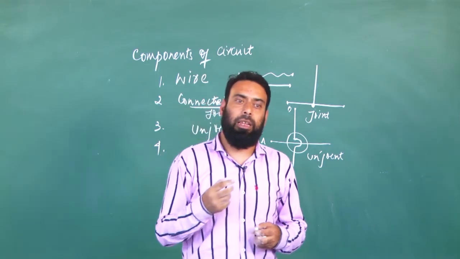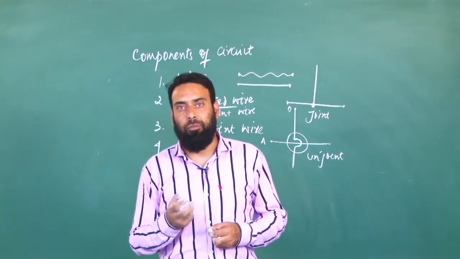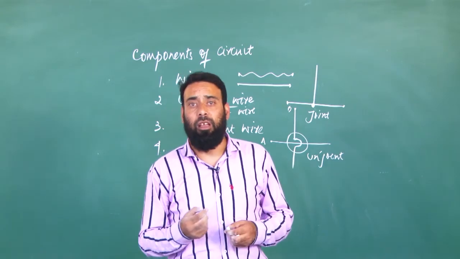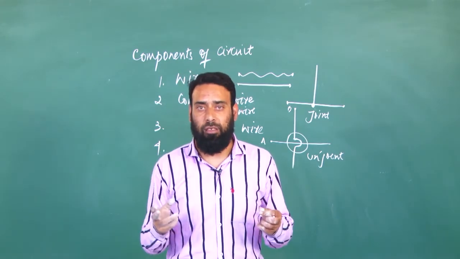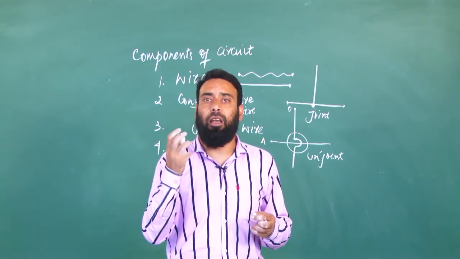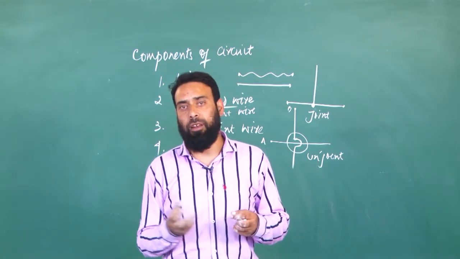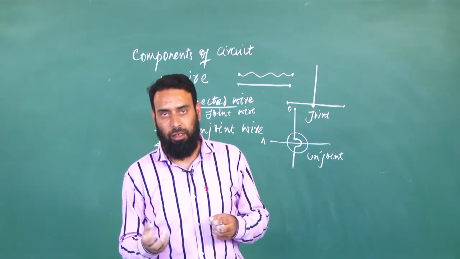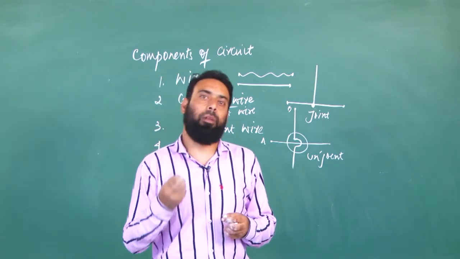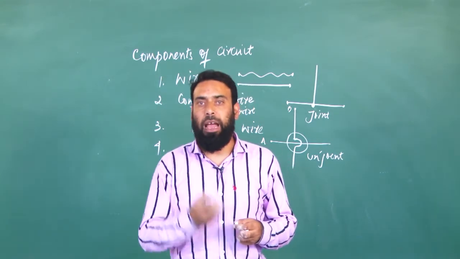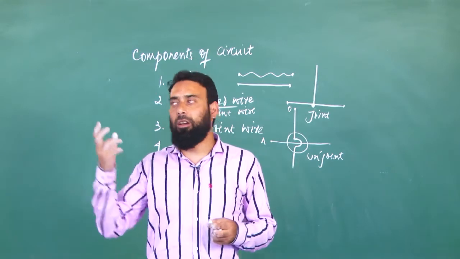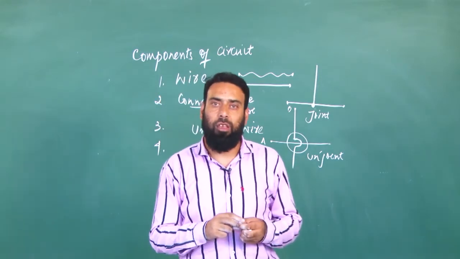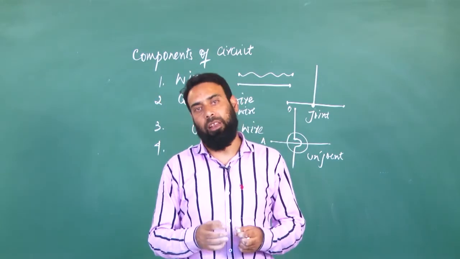Similarly, a transistor has two ends and has a source of energy, that is a cell, or similarly a battery. So these batteries, cells, generators, sockets, AC sources, these all are basically sources.